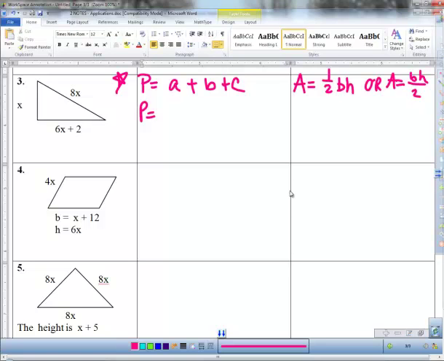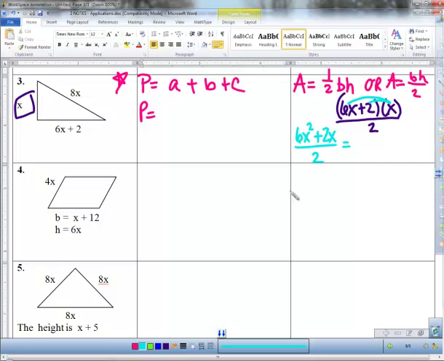So I've got my base, which is 6x plus 2, times my height, which is this term right here. So I've got times x, and I'm going to end up dividing all of that by 2. So I have 6x times x, which is 6x squared, and then I have 2 times x, which is a positive 2x, and I'm going to divide all of that by 2.